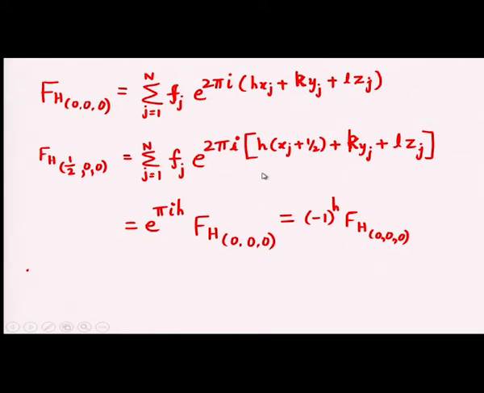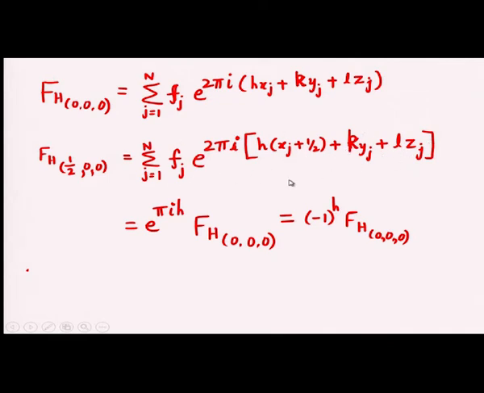This can be expanded as a product of two terms: e^(2 pi i h x_j) times e^(2 pi i h (1/2)). In the second term, the 2 and the half cancel, and we get e^(pi i h). So, what is remaining inside? e^(2 pi i h x_j). Already we have e^(2 pi i k y_j) and e^(2 pi i l z_j).